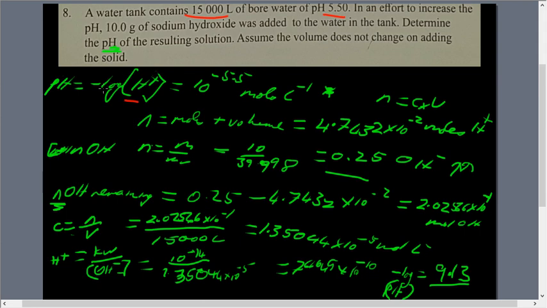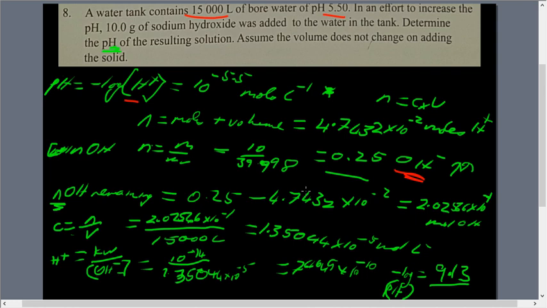That gives us the number of hydrogen ions in total. We calculate the number of hydroxide that we added. We subtract the smaller from the bigger, and it gives us the excess reagent, which is, in this case, the hydroxide. So this is the excess amount of hydroxide that's remaining.